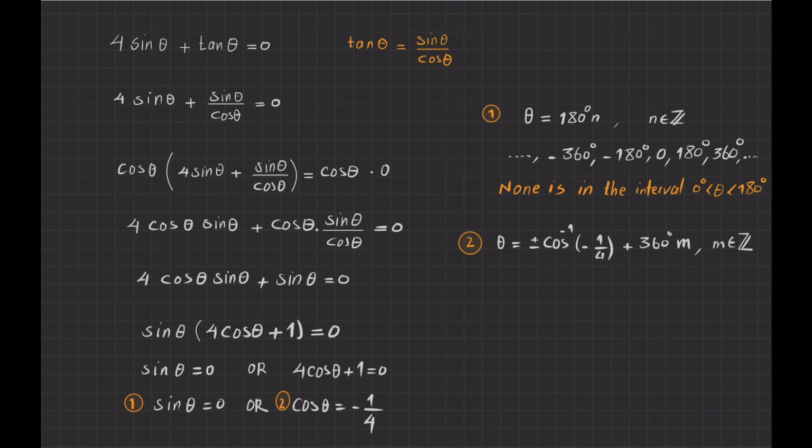Now let us use the calculator to calculate this. In the instructions of this exam, it is explicitly specified that you have to calculate the angles in degrees up to 1 decimal point. So I will go to my calculator and calculate this in degree mode up to 1 decimal point.